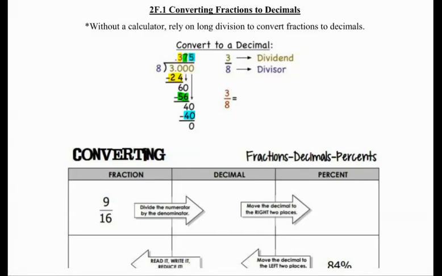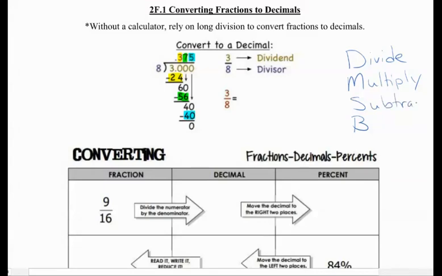Little acronym you can use is you can think of the division family of a dad, a mom, a sister, and a brother. Dad would be you first divide. How many times does 8 go into 30? Then we multiply. 3 times 8 is 24. Then we subtract. 30 minus 24 gives you 6, and then you bring down.